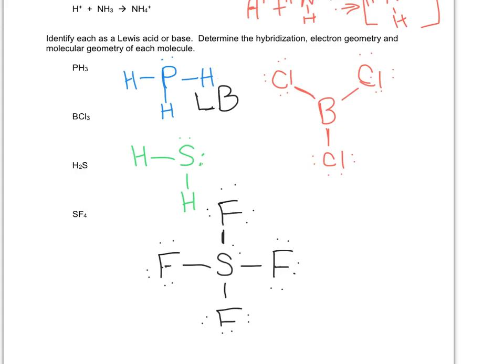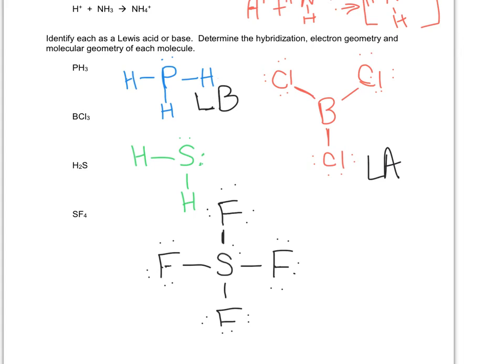So that will definitely be a Lewis acid. Let's review its hybridization and electron geometry. There are 3 areas of electrons there, so that would be an sp2 hybrid. And 3 areas of electrons would be trigonal planar, and that applies for the electron geometry and the molecular geometry both.